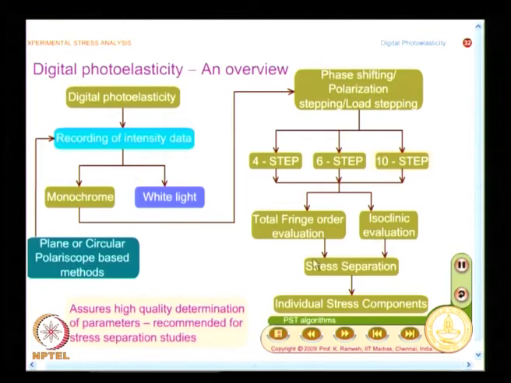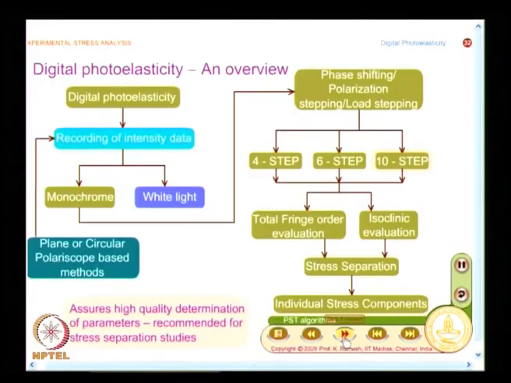And what you find is a 10 step method definitely assures high quality determination of parameters and is recommended for stress separation studies, because stress separation studies require high quality isochromatic and isoclinic.